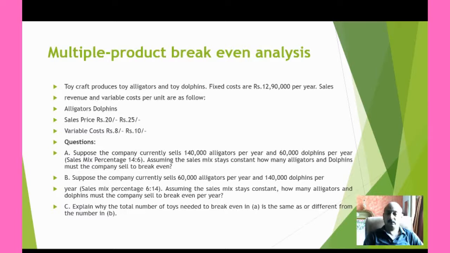Solution. So for alligators, units are 1,40,000, dolphins 60,000, and total is 2 lakh. And sales price is rupees 20 and 25 for alligators and dolphins, and variable cost is rupees 8 and 10. So sales will be for alligators rupees 28 lakh, and for dolphins it is 15 lakh, and total sales will be 43 lakh.